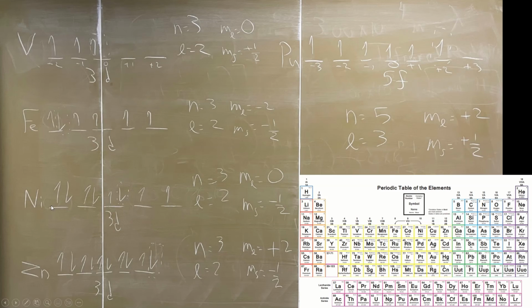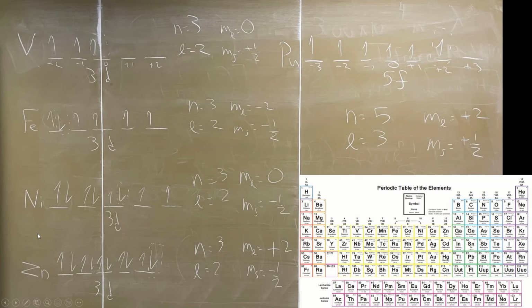Therefore, these orbitals range from negative 2 to positive 2 for M sub L. But our final electron was in orbital 0. Negative 2, negative 1, 0. So 0. And it's spin down, so that's negative 1/2.